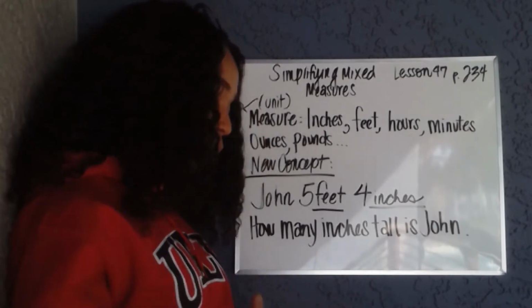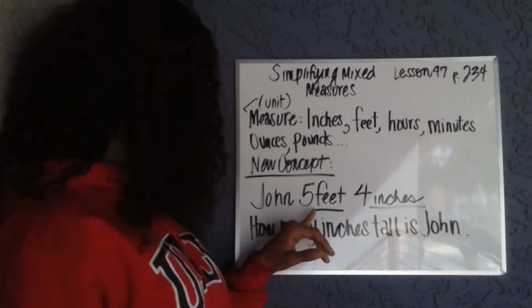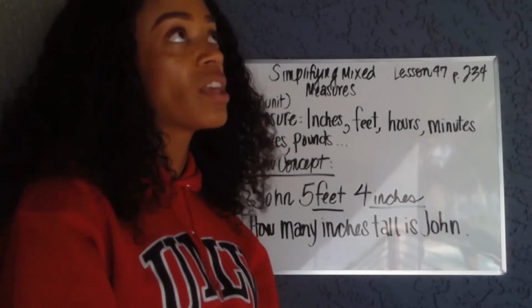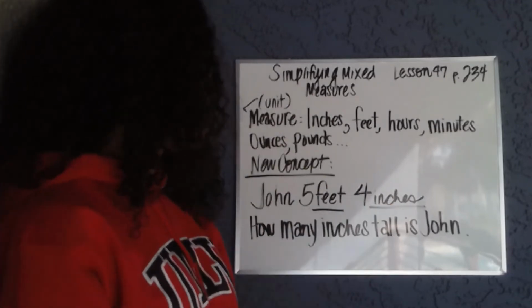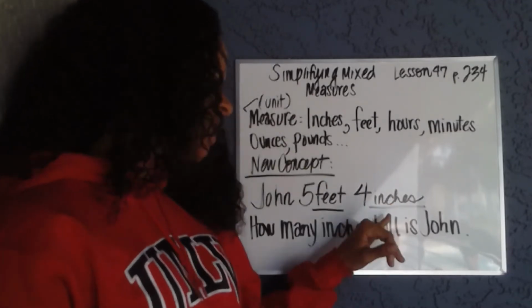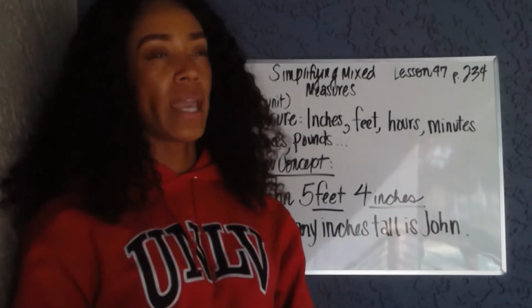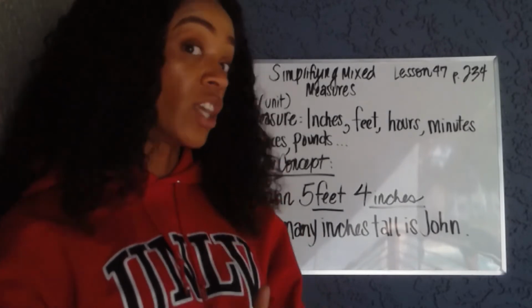So before we can add, we first have to change this 5 feet to inches. And what we have to do is think about our units here. I can see that I've got inches, and I need to think about how many inches are in 1 foot to figure it out.